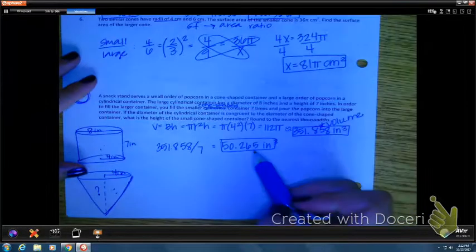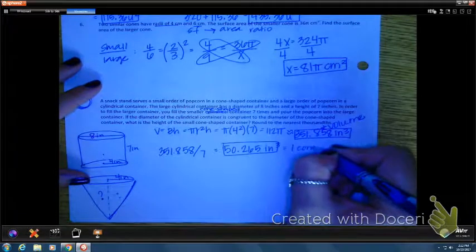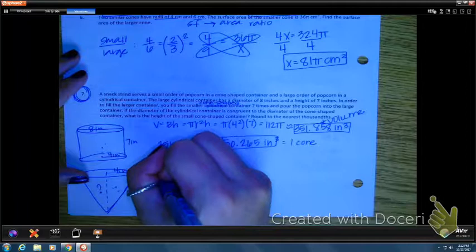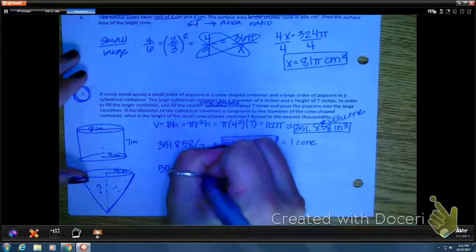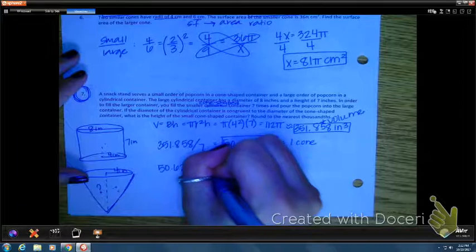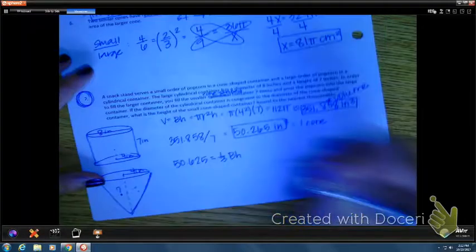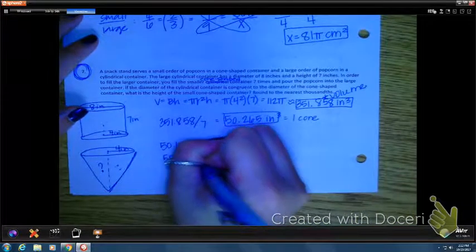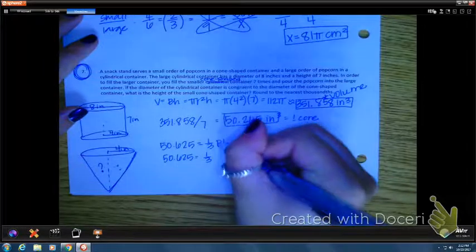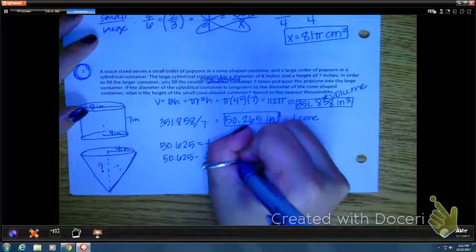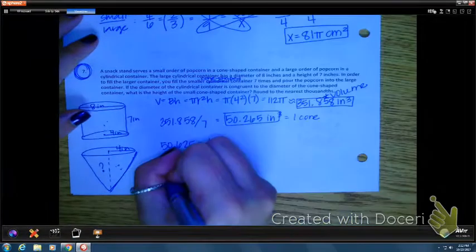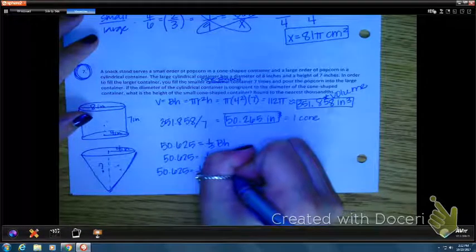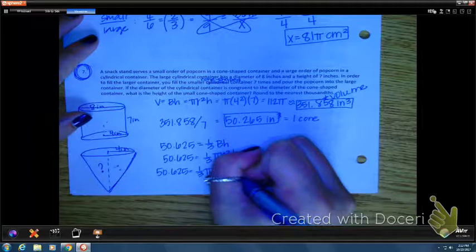So now I know that 1 cone is equal to 50.265 inches cubed. So I'm going to set this equal: 50.265 equals 1/3 B times H. To find the area of our base, it's pi r squared times H. I'm going to substitute in. Our radius is 4, and our height is unknown.